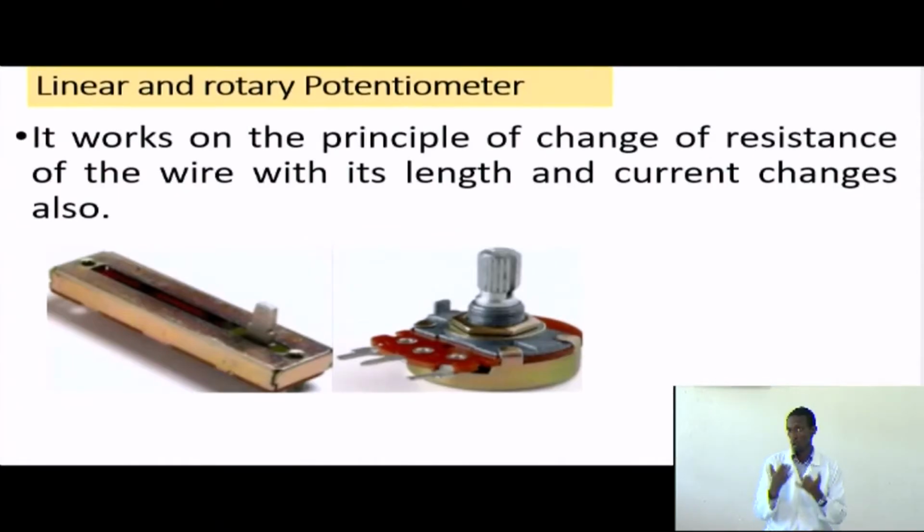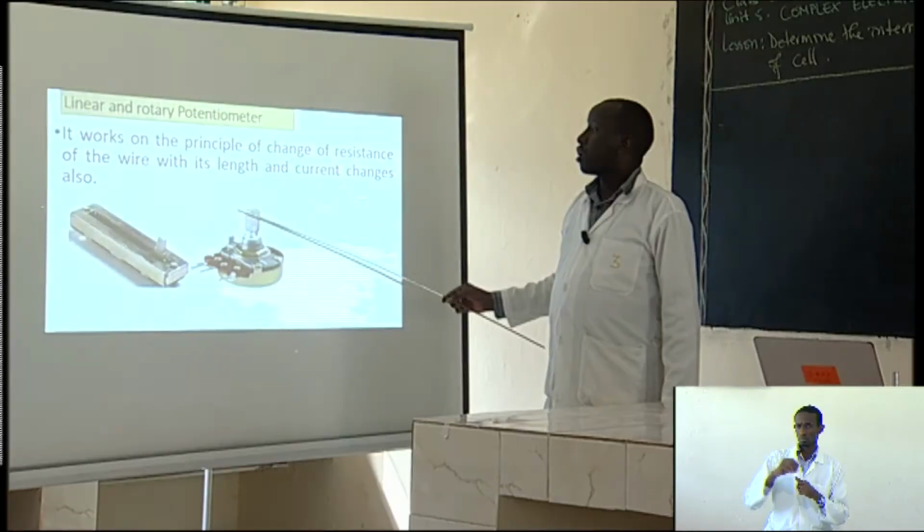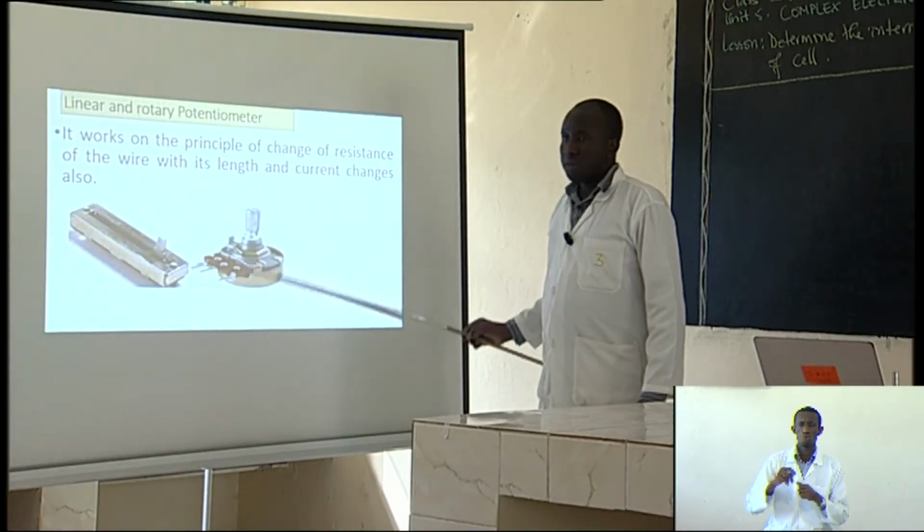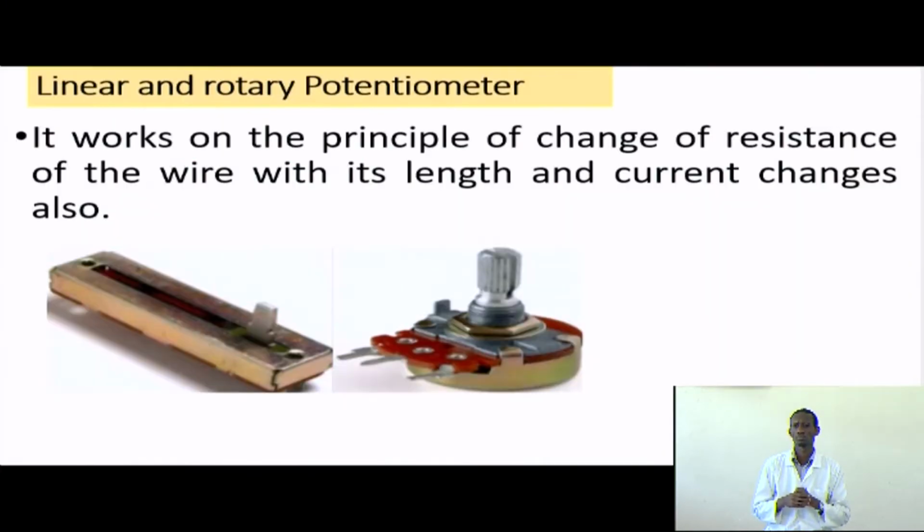So let's continue now. Today, we are going to explain the way this potentiometer works on the principle of changing the resistance of the wire, and the current also is changing, okay?